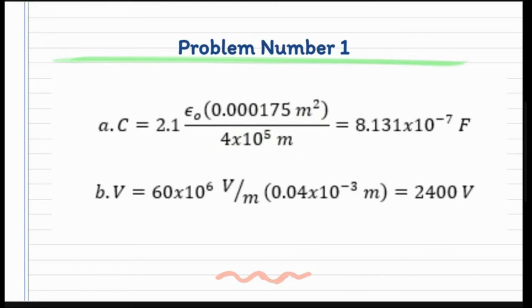If I press Shift 7, that allows me to choose the constant value, and epsilon naught is number 32.